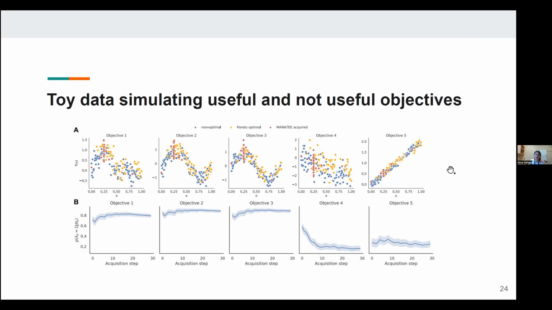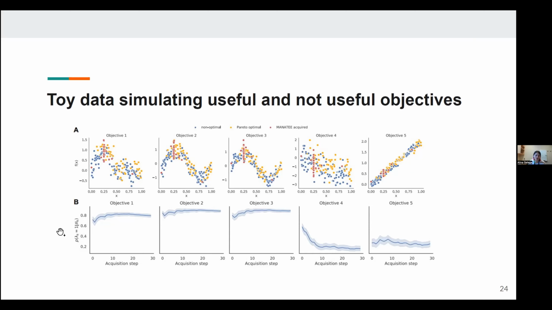So I'm showing here in blue and yellow samples from these objectives, and the yellow are the samples that lie in the Pareto front for these 5 functions. And in red, I'm showing the acquisitions made by MANATY over 30 steps, including the initial training set of 5 points. We can see that MANATY acquires points that land on the maximum of the sines, because these are the objectives that it has inferred are useful.